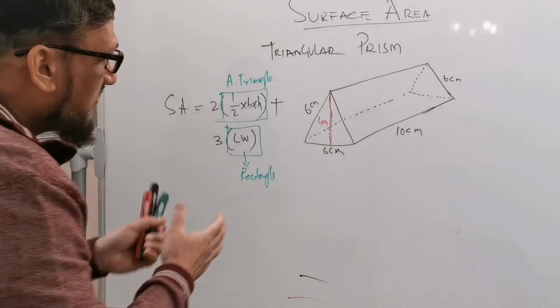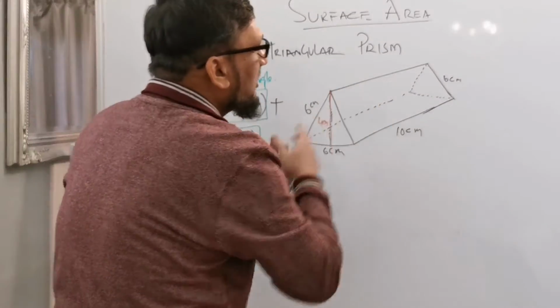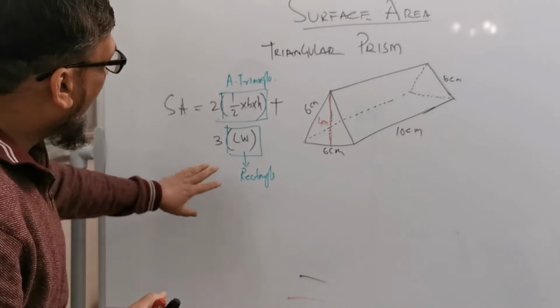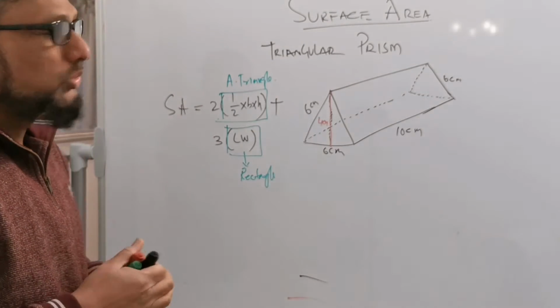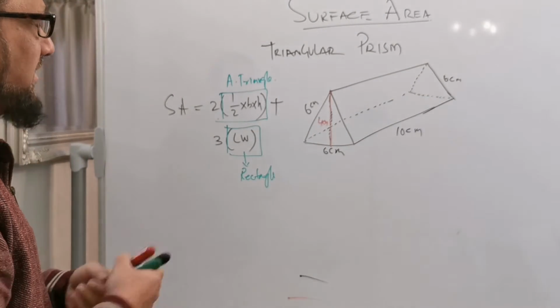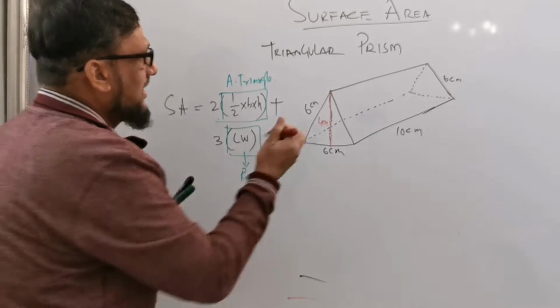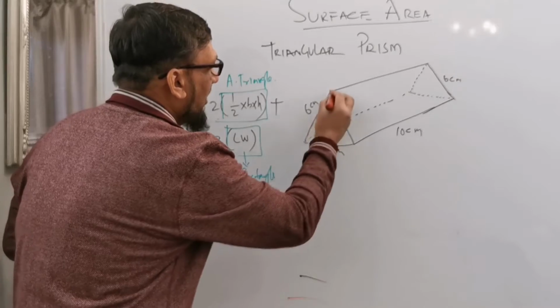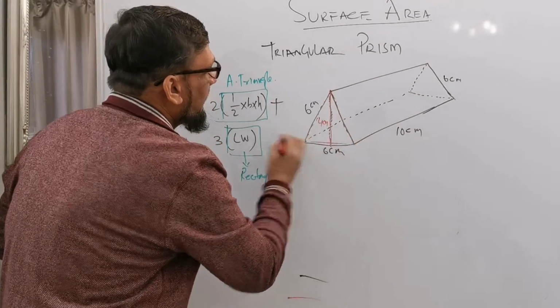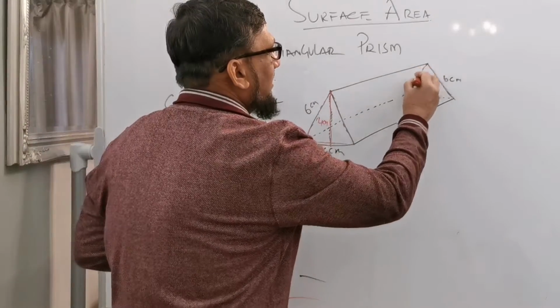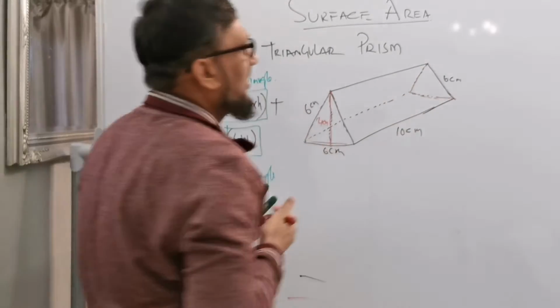So it means there are 3 rectangles and 2 triangles in a prism. So look at this one. There is one triangle and this is the second triangle.